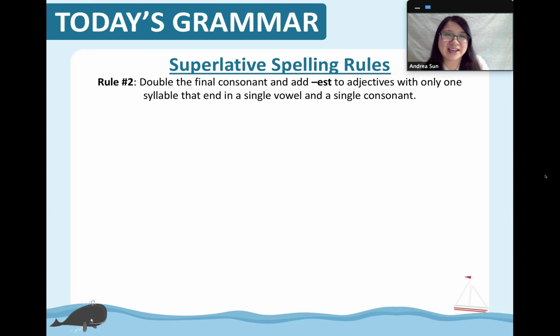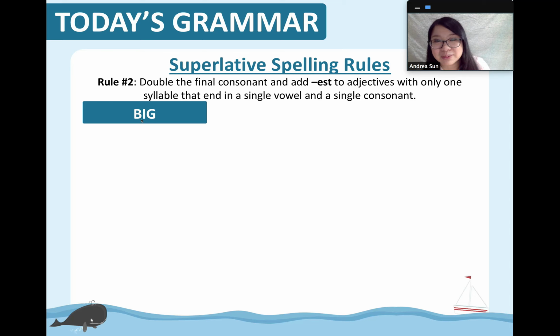Now imagine we have an adjective with only 1 syllable. Look at this example, big. The spelling of this adjective is ending with 1 vowel and 1 consonant. Remember, a vowel is A, E, I, O, U. If this 1 syllable adjective ends with a vowel and a consonant, we need to double the final consonant and then add EST.